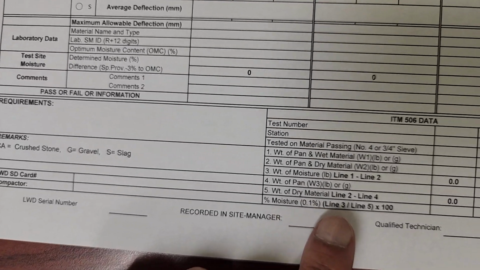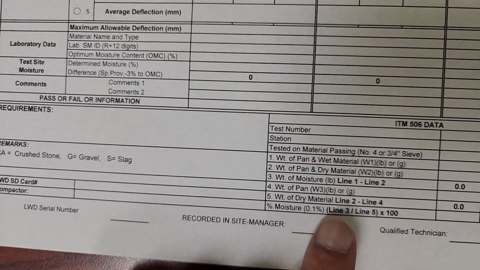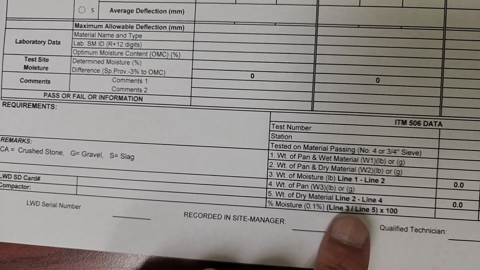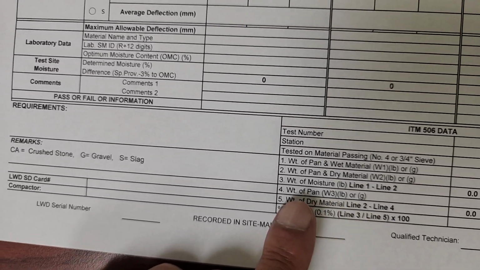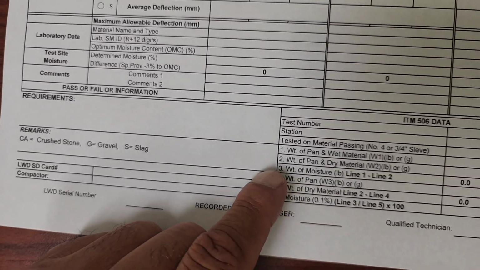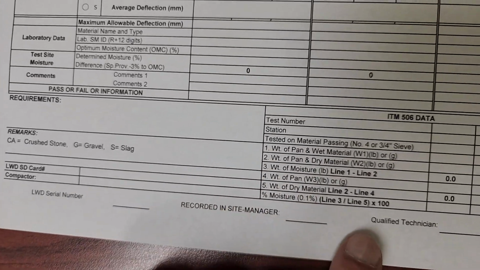And then if you want your weight of dry material, you subtract your weight of pan from your dry material.